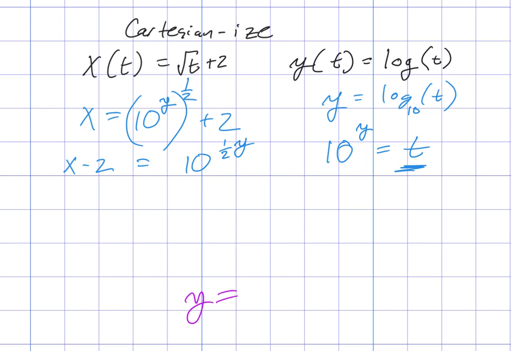And now I need to get my y out of the exponent. And to do that, I take the logarithm of the base of whatever the value is that's the base. So this is a 10, that's my base. I'm going to take the logarithm of both sides. So when I do that, I'll have log of x minus 2 equals log of 10 to the 1/2 y.